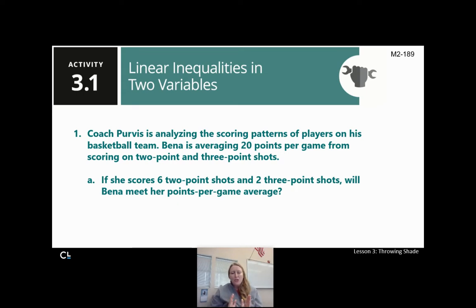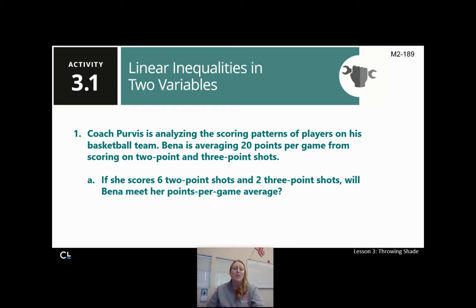To introduce this idea, let's talk about playing some basketball, shall we? Coach Purvis is analyzing the scoring patterns of players on his basketball team. Benna is averaging 20 points per game from scoring on 2-point and 3-point shots. She's got some skills there.